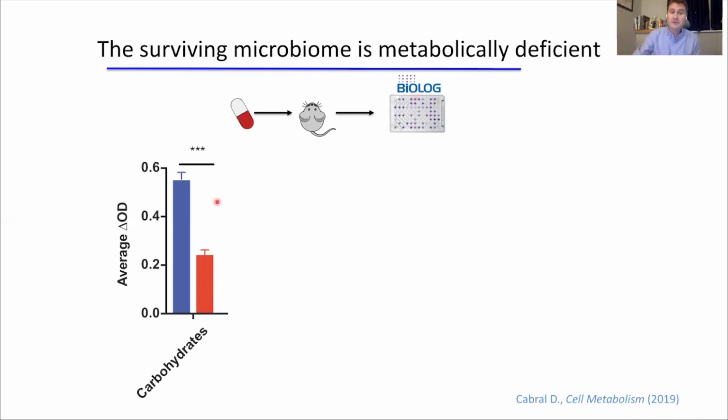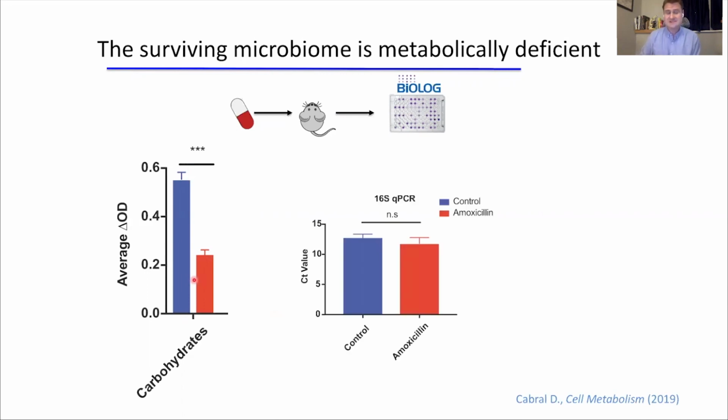And we found that if we compare the microbiome of an untreated mouse in blue and the microbiome of a treated mouse in red with amoxicillin, on these Biolog plates the utilization of these simple carbohydrates is much less efficient in the treated microbiome. This is not explained by the overall number of bacteria that we're putting into each well, because interestingly, amoxicillin doesn't reduce the overall number of bacteria, it just changes the composition.